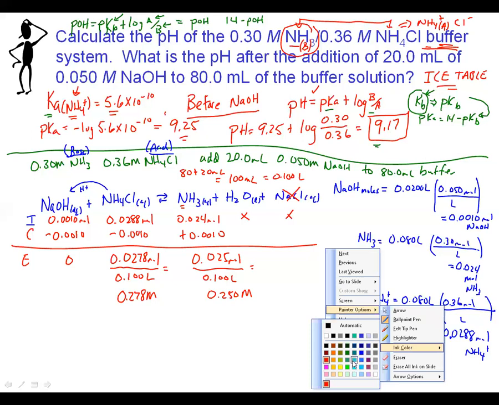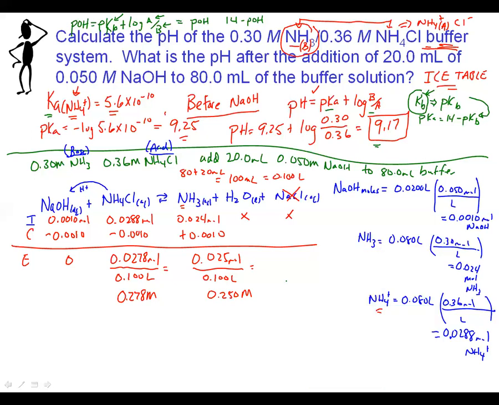Now, a reminder that sometimes people wonder, why is the volume here 80 for both of these guys? It is because it is a buffer. So when you have that solution, you have the NH4 plus floating around, you have the NH3 floating around, and they're both in this same beaker to begin with.